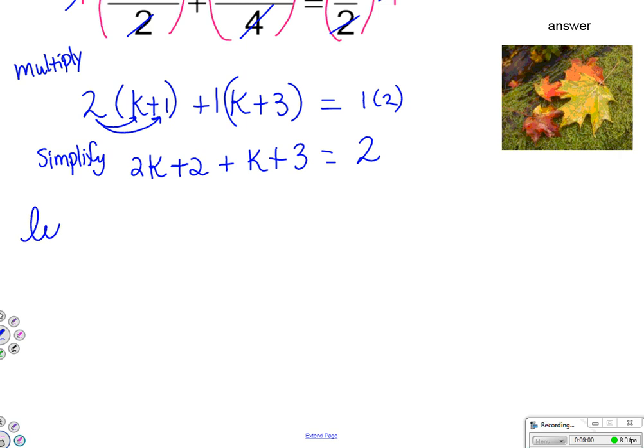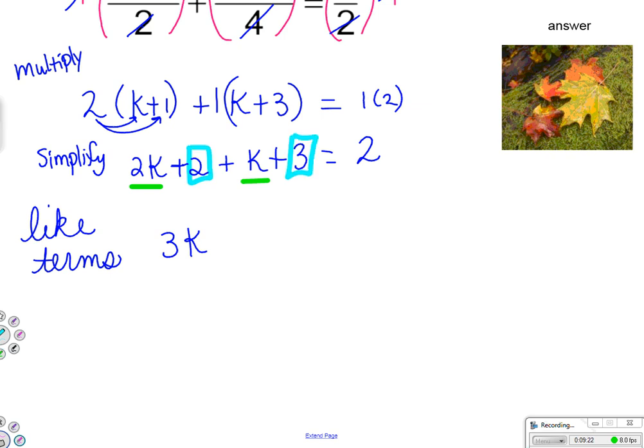Now let's go for those like terms. Adding like terms, I'm going to pick up the k's together. That'll give me 3k. And I'm going to pick up a 2 together with this 3, right? And the numbers pull together. So I'm going to get a 5 equals 2.